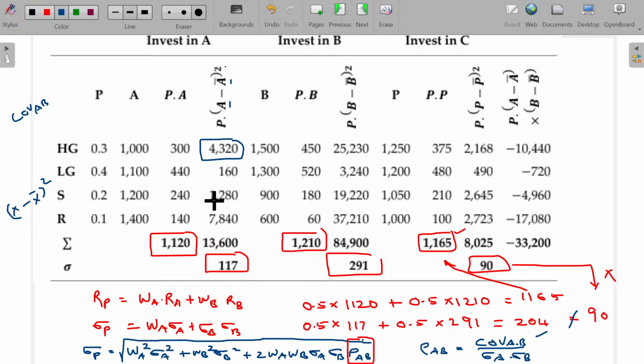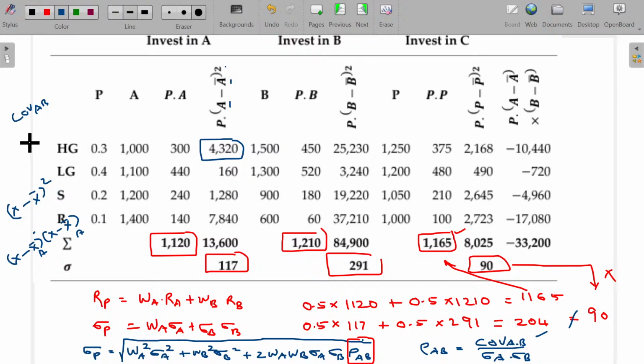This is nothing but the variance of A. Covariance means the variance of A with respect to the other one, B. It means x minus x bar of A multiplied by x minus x bar of B. This is related to A, this is related to B. If you take one from A, one from B, and multiply, then it's called covariance.